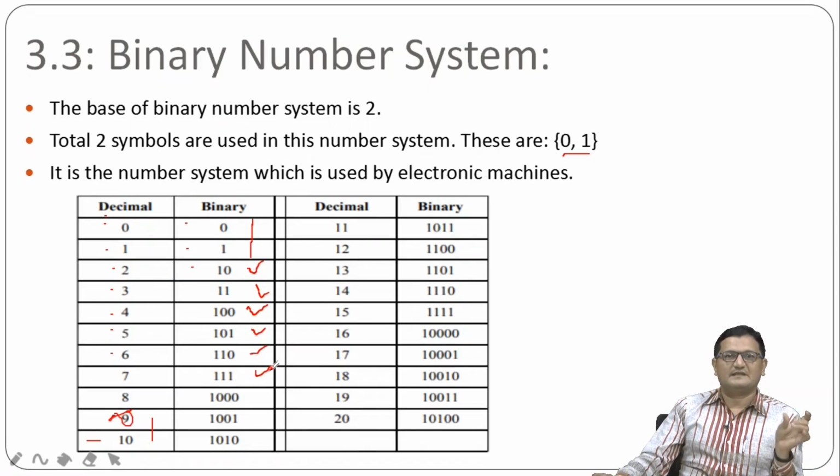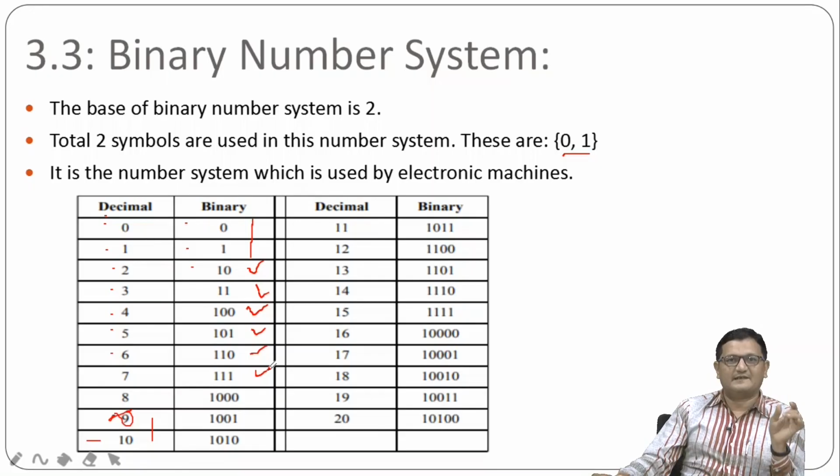Now, this is the same situation as 999. All the symbols are used, so after 999 we use a 4 digit number like 1000. Here the same thing applies: 1000, then 1001, 1010, 1011 which represents 11, 1100 which represents 12, and so on.